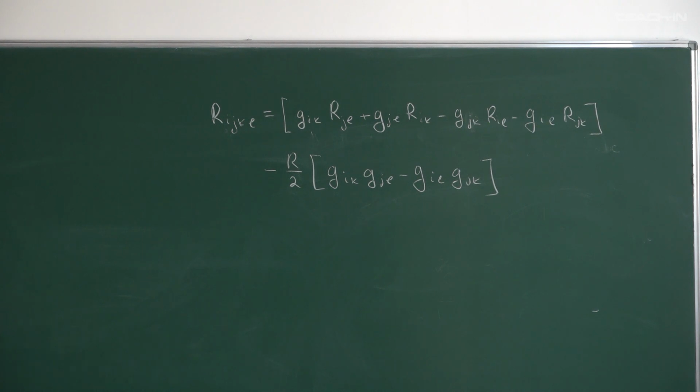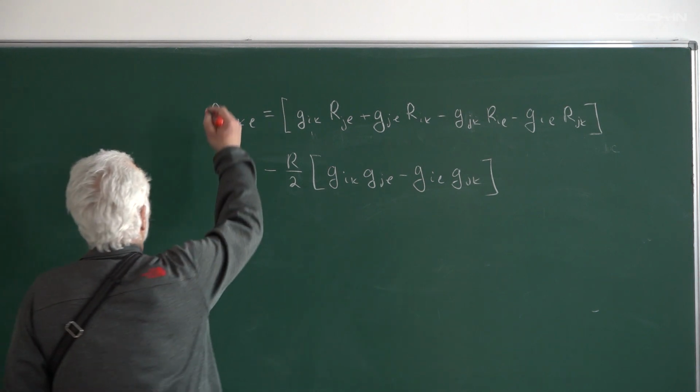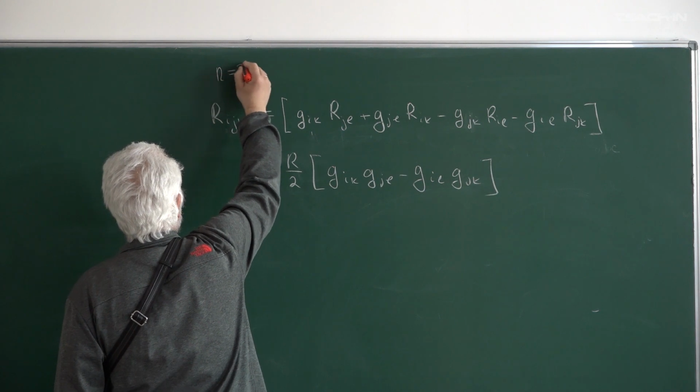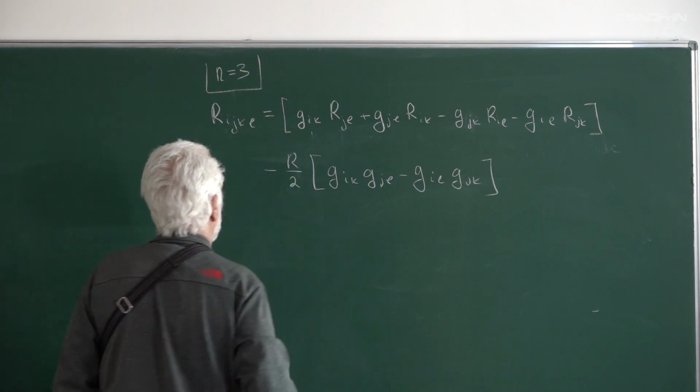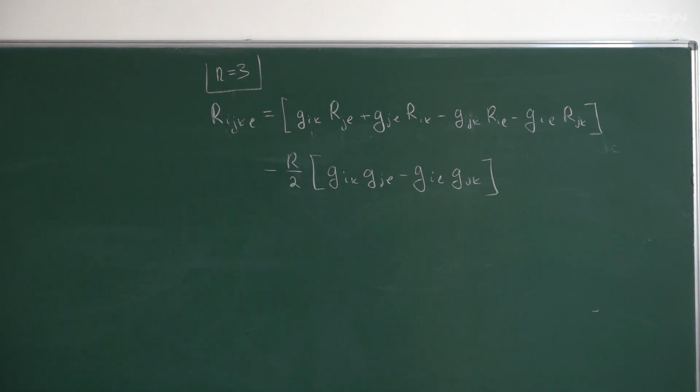So in the previous lecture, we proved the following formula for reconstructing the Riemann tensor if n equals 3. If n equals 3, then the Riemann tensor can be reconstructed in terms of the Ricci tensor and the metric calculated at this point. So it's an algebraic expression.